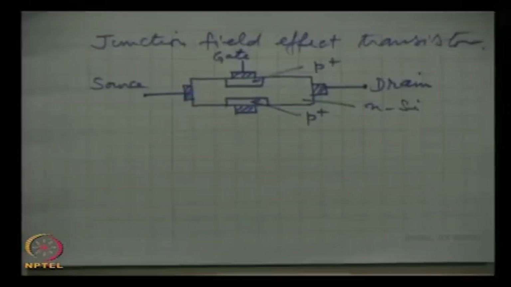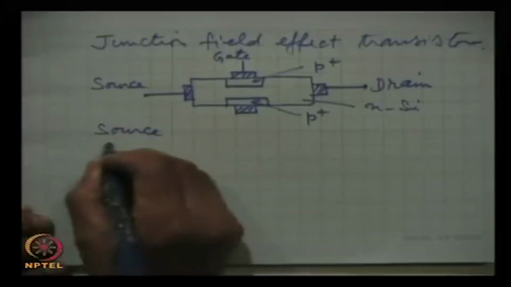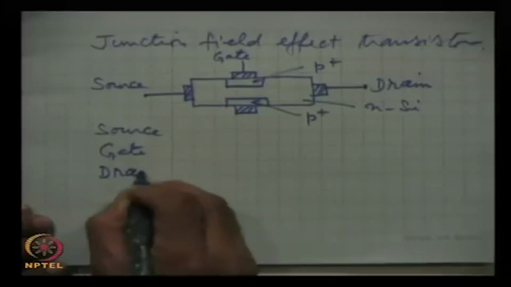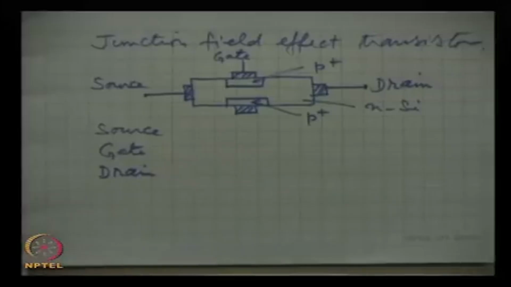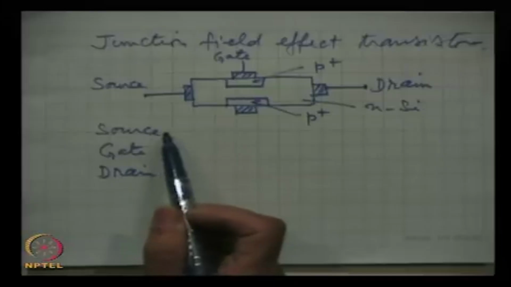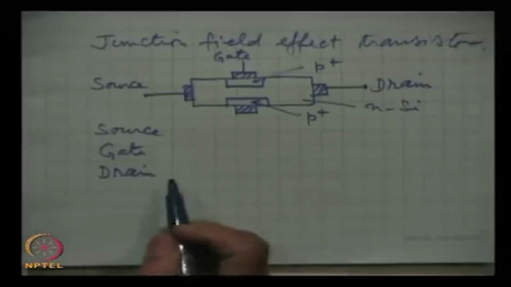In BJTs we have emitter, base and collector. In FETs, and of course in MOSFETs, the same terminology, we have source, gate and drain. Just for the sake of comparison only, source is almost like the emitter, gate is like base and drain is like collector.